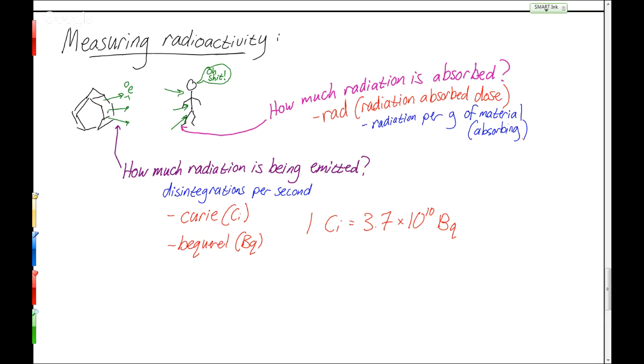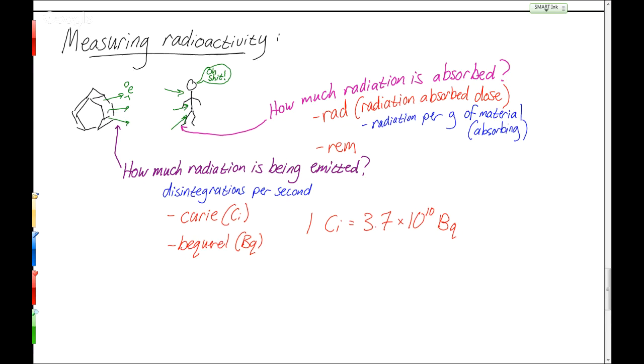So what we really want is a human-based, or at least a living thing-based measurement that tells us something about what our risk is. Because when we're measuring absorption or exposure to radiation, we want to know how much we have gotten based on how much is okay for us, based on how much is bad for us, that kind of a thing. So the one that we use more is the rem.